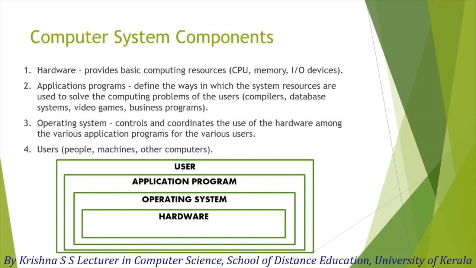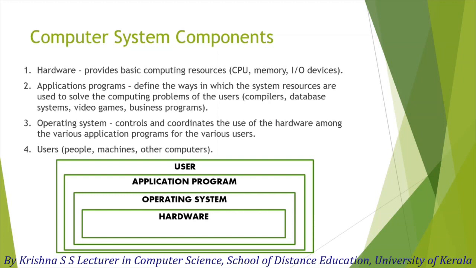There will be numerous and possibly conflicting requests for resources. So at that time, the OS must decide how to allocate them to specific programs and users, so that it can operate the computer system efficiently and fairly. It is especially concerned with the operation and control of IO devices.